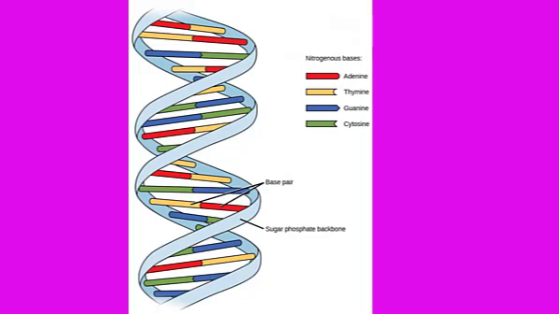Humans have almost 22,000 genes in their DNA, locked up within the 46 chromosomes inside the nucleus of each cell, except red blood cells, which lose their nuclei during development. And these genes carry the genetic code to build one's body and are unique for each individual except identical twins.